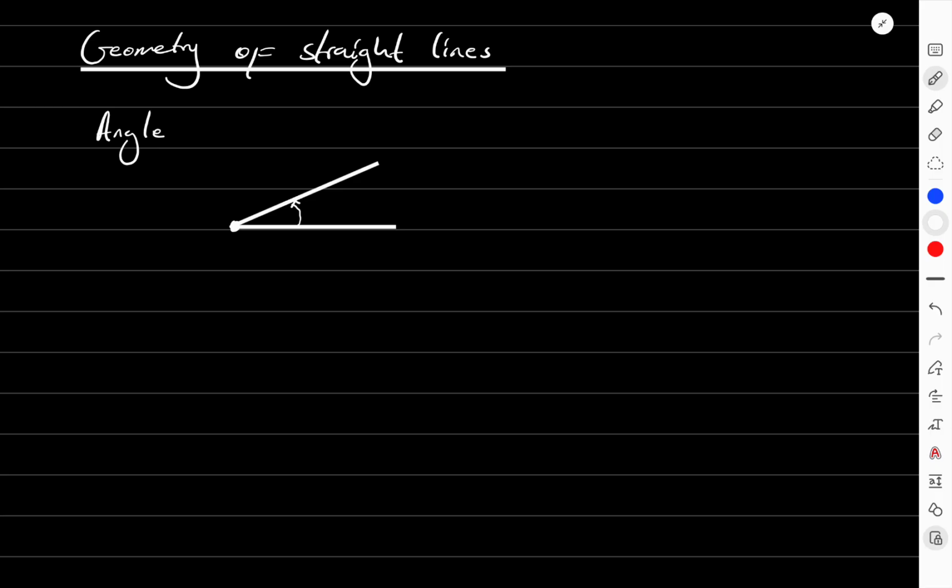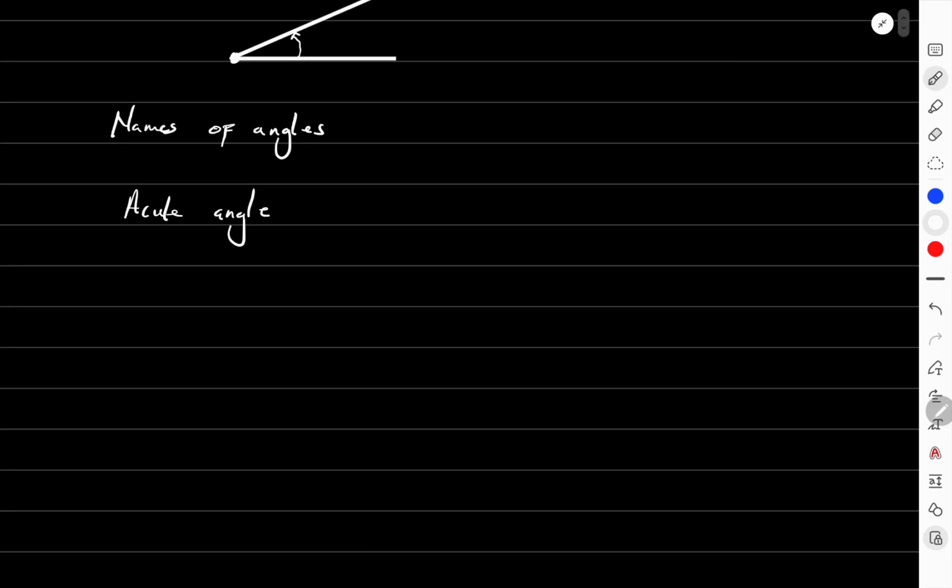Now we have names of angles. We have different types of angles. The first angle is known as an acute angle. An acute angle is an angle that is less than 90 degrees. It lies from 0 up until 90 degrees, but it has to be less than 90 degrees.